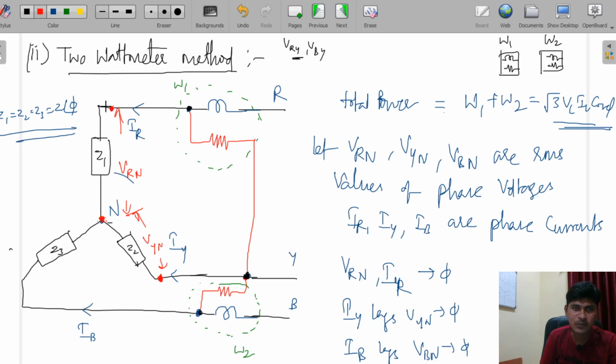That is VRY. Similarly, VBY is equal to the voltage at this point with respect to this point plus the voltage at this point with respect to this point, that is VBY is equal to VBN plus VNY.